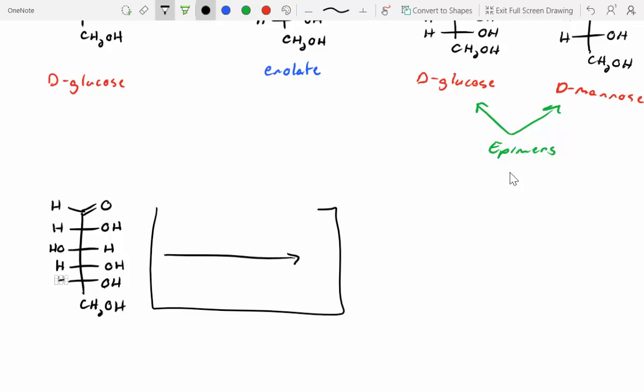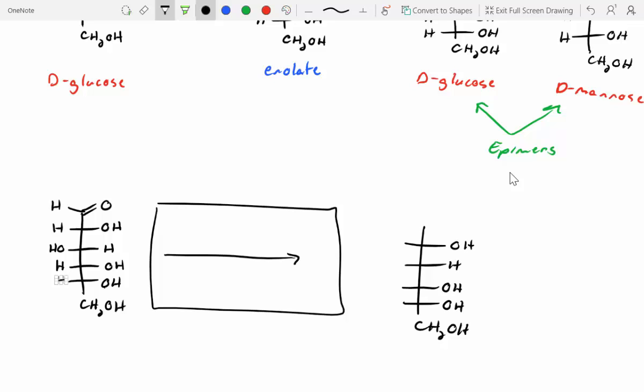What reagent would I need to reduce that aldehyde? Sorry, I gotta finish writing these down. What was the reagent we need to reduce an aldehyde? Sodium borohydride, yeah, that's usually the one that's preferred.